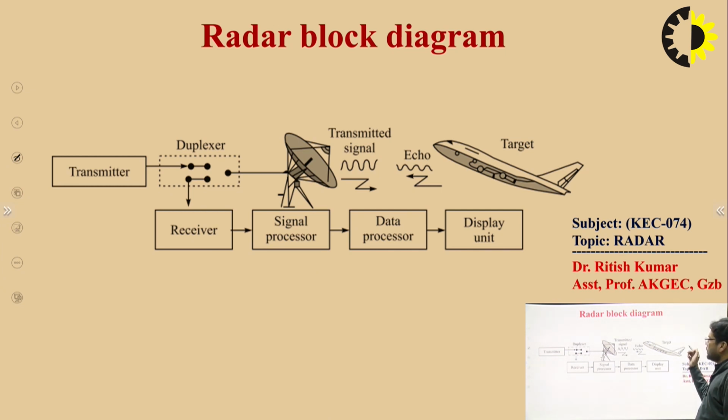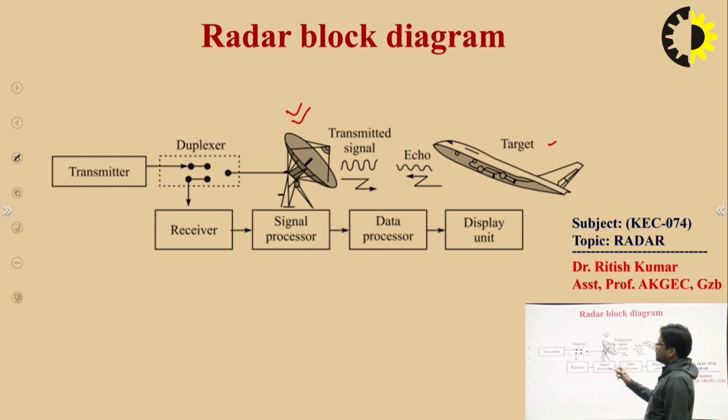You can clearly see that this one is the target. The target can be anything. Here we have taken the example of an aeroplane, and this one is the antenna.